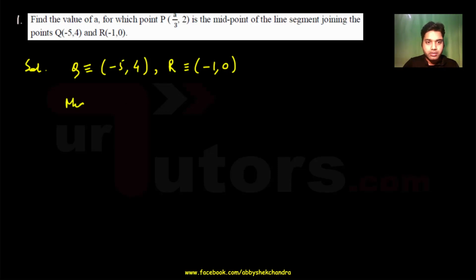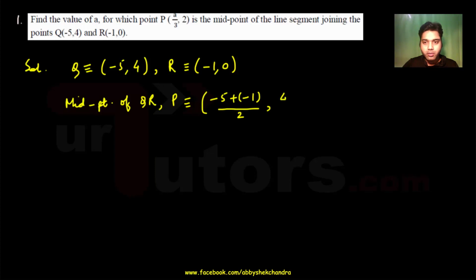Now the midpoint of QR will be given by (x1 + x2)/2 and (y1 + y2)/2, which will be (-5 - 1)/2, 4/2, which will be -6/2, that will be -3, and 4/2 will be 2.